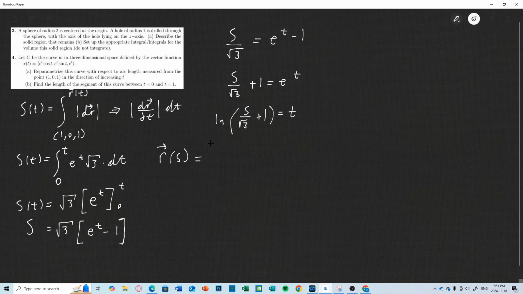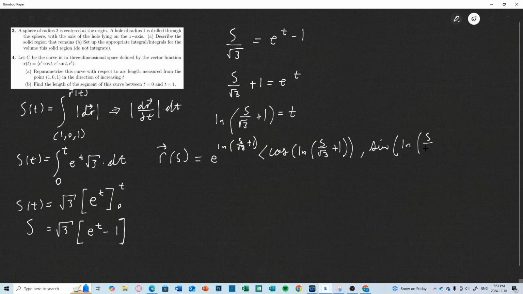So since we can factor out the e, this will become e to the ln of s over root 3 plus 1, and then it will be cos of ln of s over root 3 plus 1, and then it will be sine of ln of s over root 3 plus 1, and then 1.